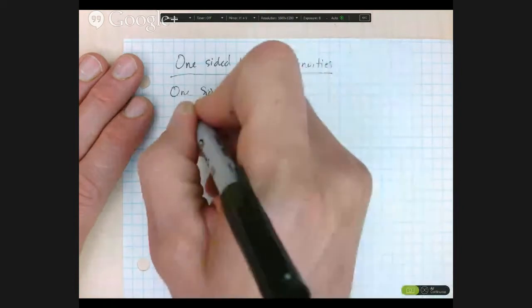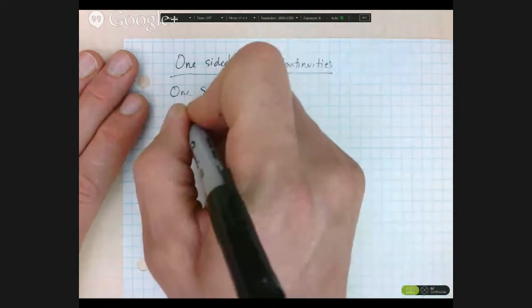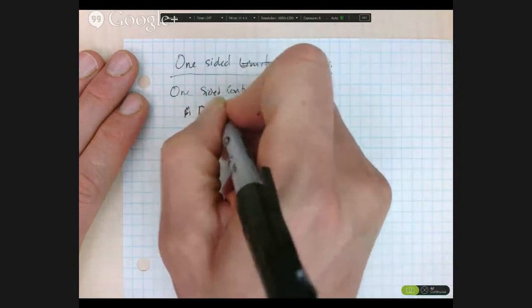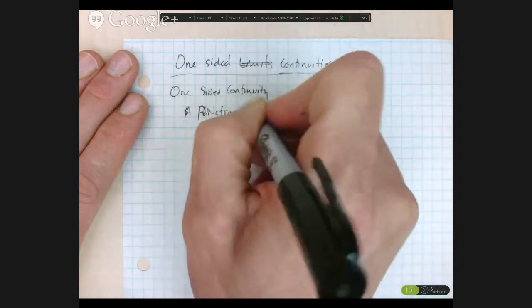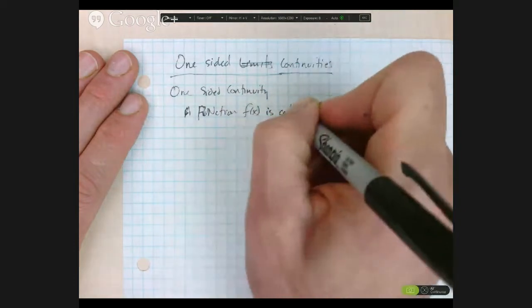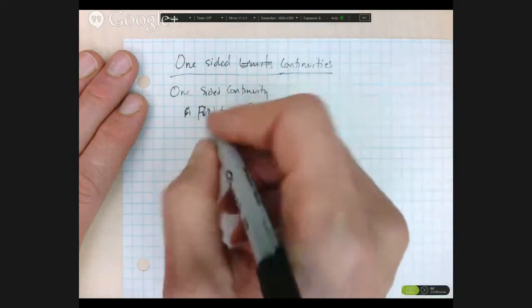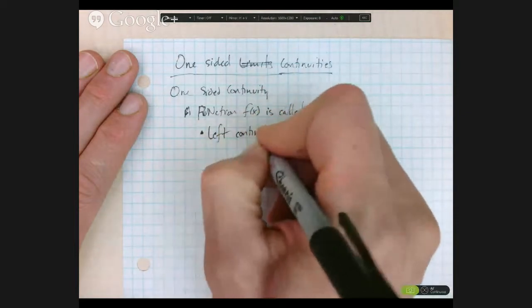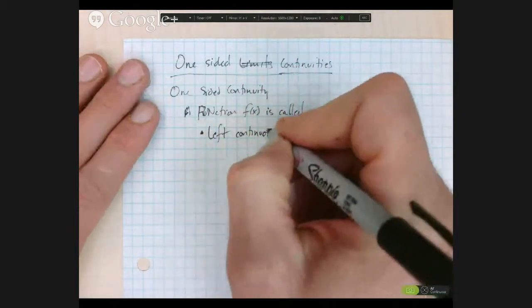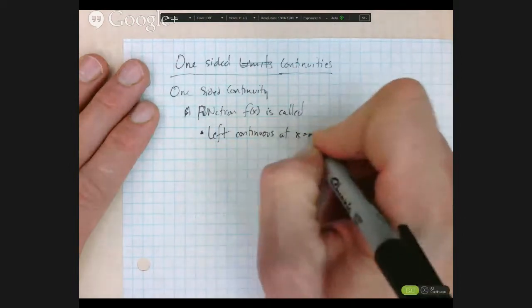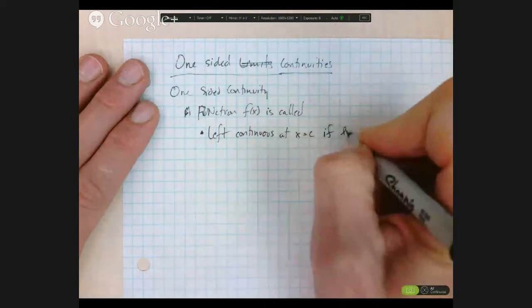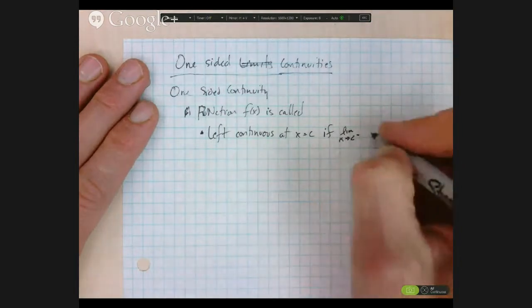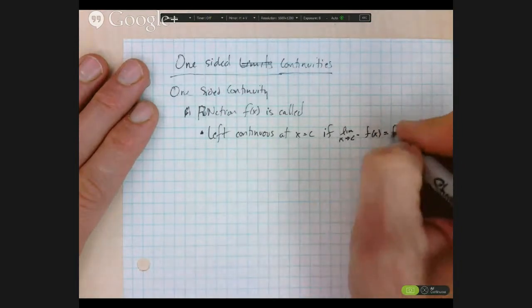A function f of x is called, and we're going to say, left continuous, if at x equals c, the limit as x approaches c from the left of f of x equals f of c.